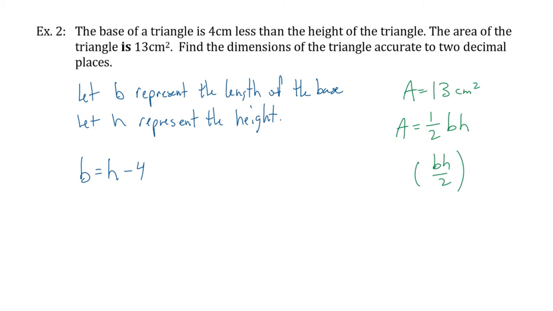The strategy we've used in the past is come up with some examples using actual numbers. So if the base of a triangle is 4 centimeters less than the height, if my base is 10, then my height would have to be 14 because the base is 4 less than the height. If the base is 1, the height is 5. If the base is 15, the height is 19, right?